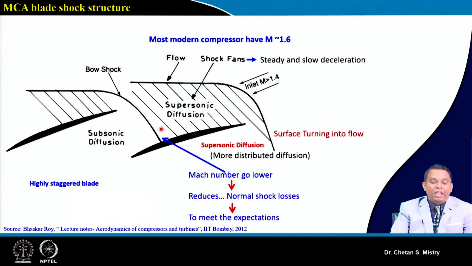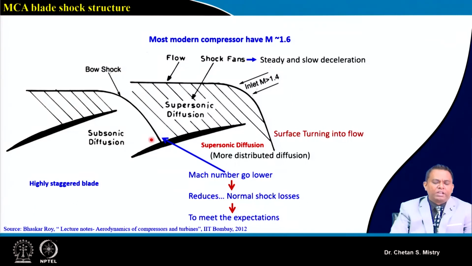So we can realize here that we have a whole lot of diffusion happening because of our supersonic flow, or supersonic diffusion. Only a small extent towards the trailing edge is responsible for subsonic diffusion, and that's what we are looking for. Now the benefit of having this kind of normal shock on the trailing edge side is the reduction in losses because of flow separation.